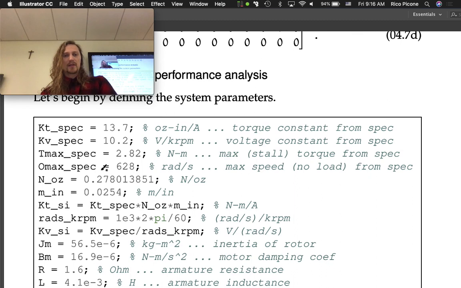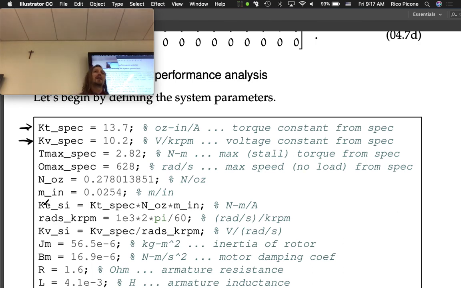Defining the system parameters. These are the ones straight out of the spec sheet for the motor, KT and KV. We're actually going to use those values as the motor constants for the analysis that follows. Either the motor's a little bit nonlinear, or their specs aren't completely consistent in the manual.